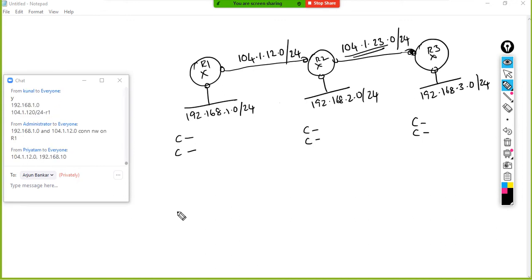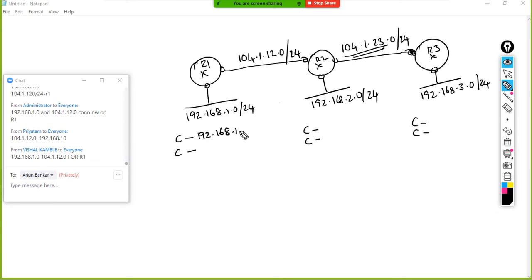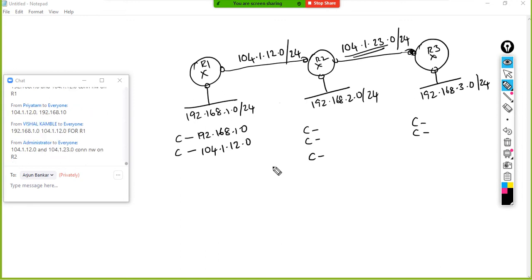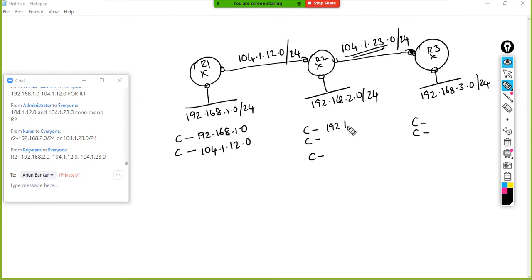Good. So the connected networks for router 1 are 192.168.1.0 and 104.1.12.0. And for router 2, quickly, what are the connected networks? Help me out, guys. For router 2, 192.168.2.0, good.